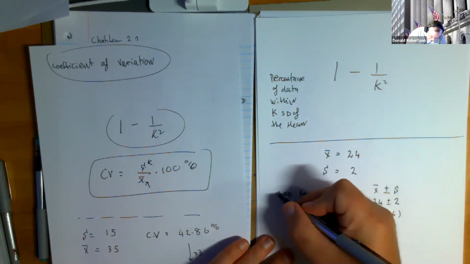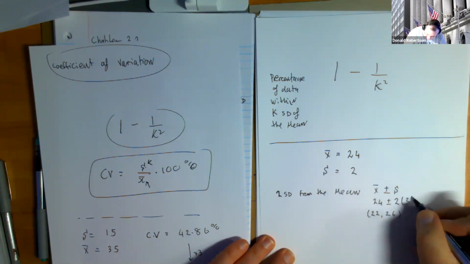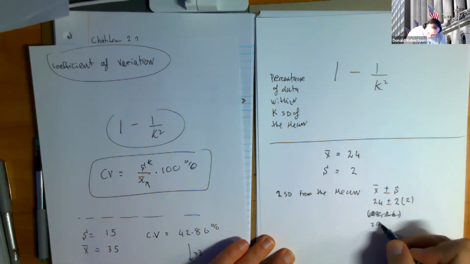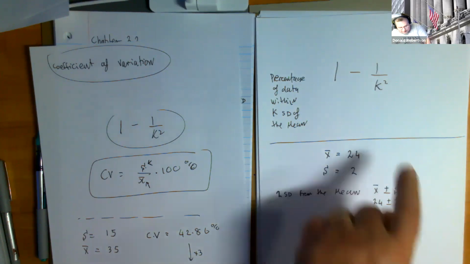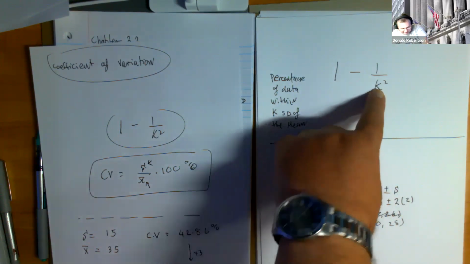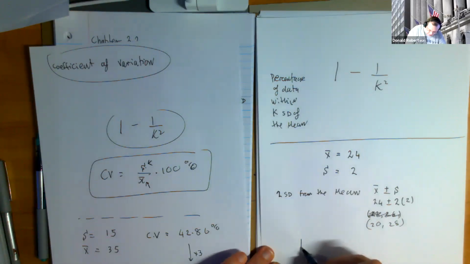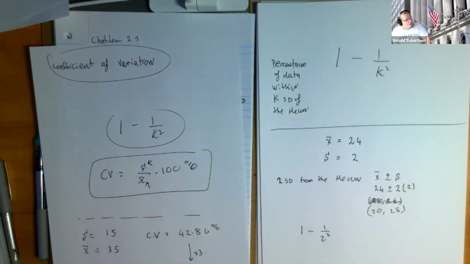Well, can I change this to 2? So that's going to be 20 to 28. That's better. According to Chebyshev then, 2 goes here. So 1 take away 1 over 2 squared. Do you realize why I had to change from 1?